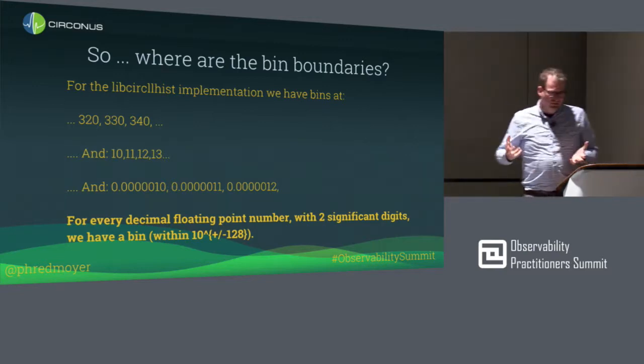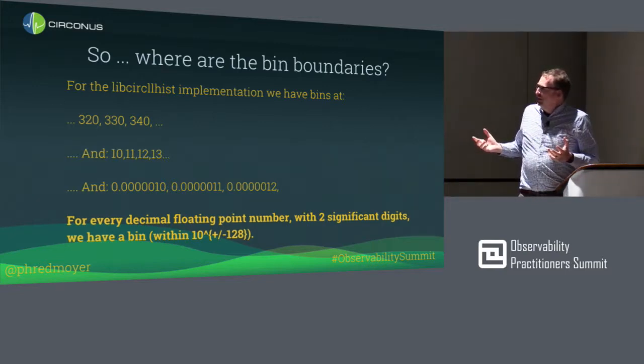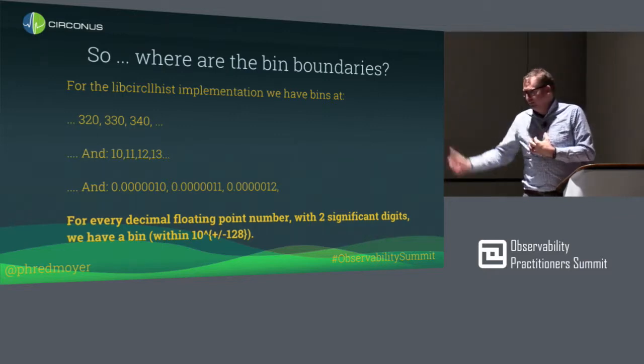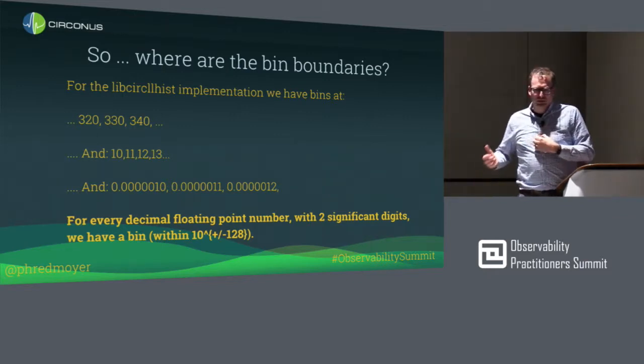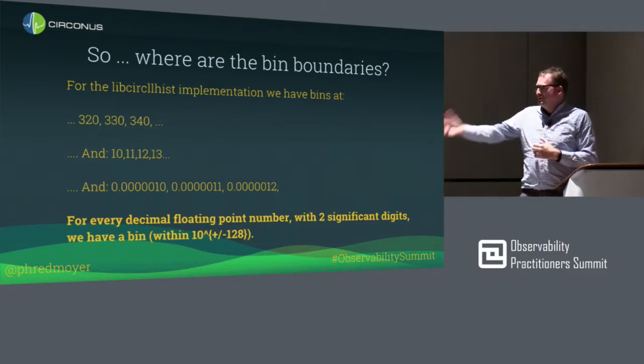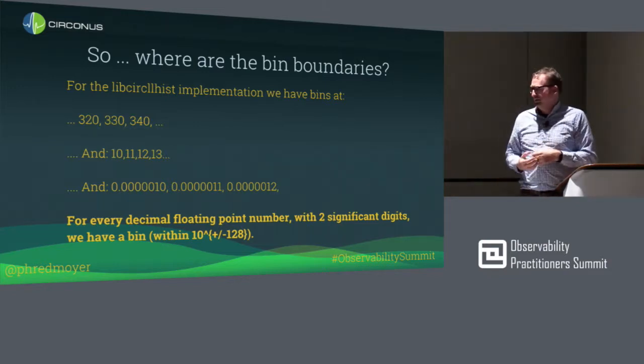So what are the bin boundaries of a log linear histogram like this? For the implementation I've shown, we have bins at 320, 330, 340. So luckily I landed on one of the bin boundaries. But because it's log linear, it's every factor of 10. We have 90 bins, so I've also got them at 10, 11, 12, and 13.